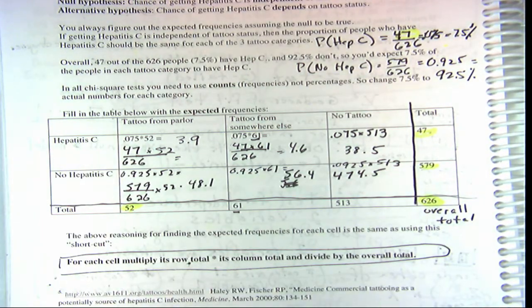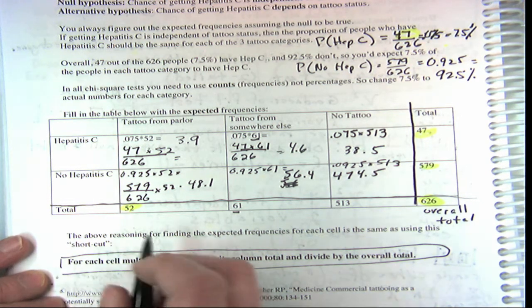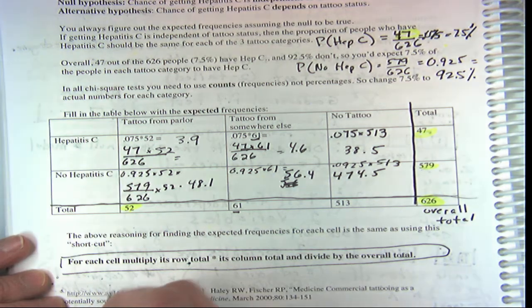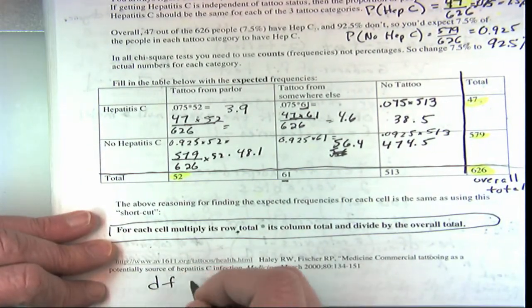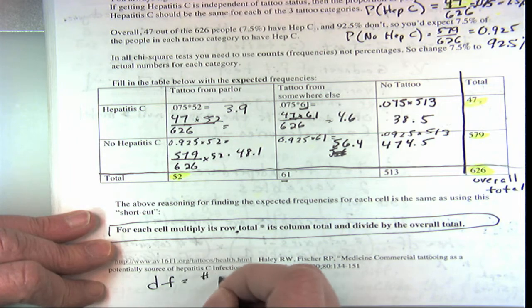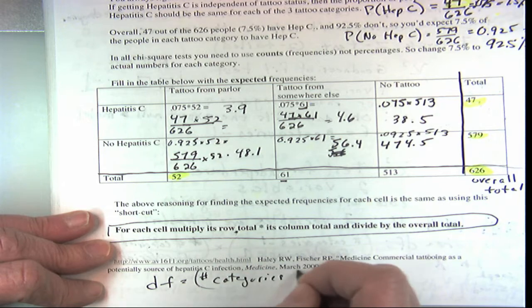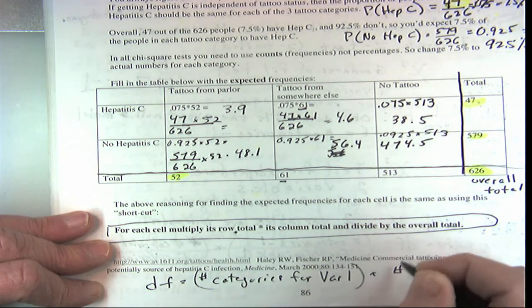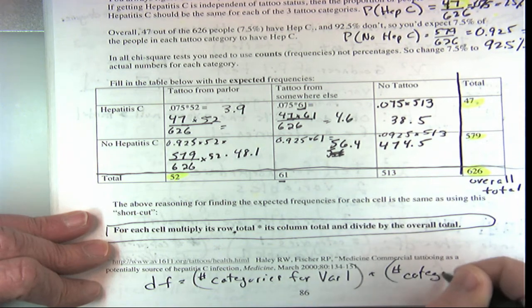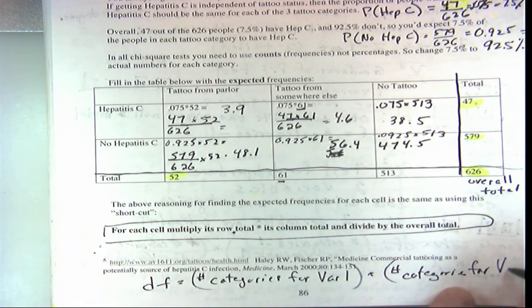the rest are determined. And notice that our degrees of freedom, remember, the degrees of freedom, let's see if it checks out. We know it's 2, and let's just write down here. The degrees of freedom is going to be equal to the number of categories for variable 1 times the number of categories for variable 2.